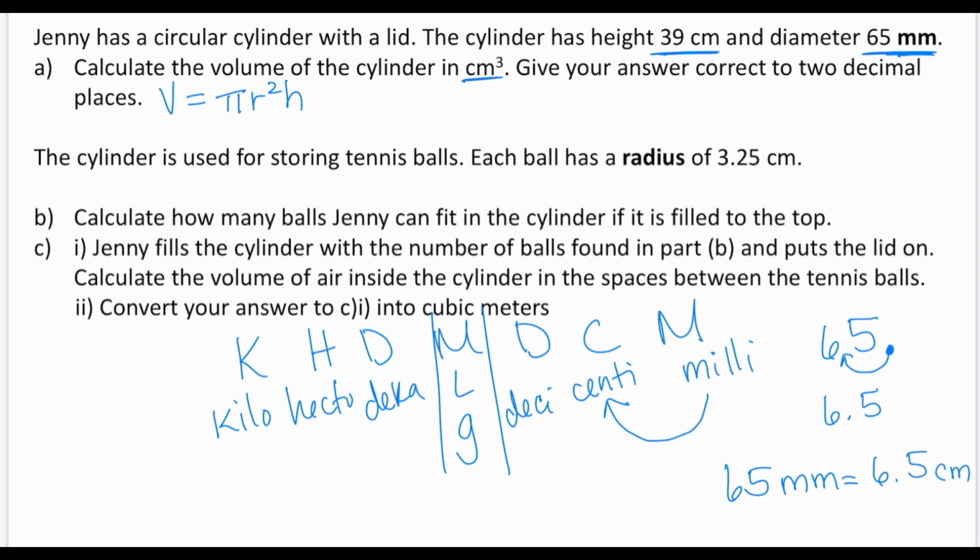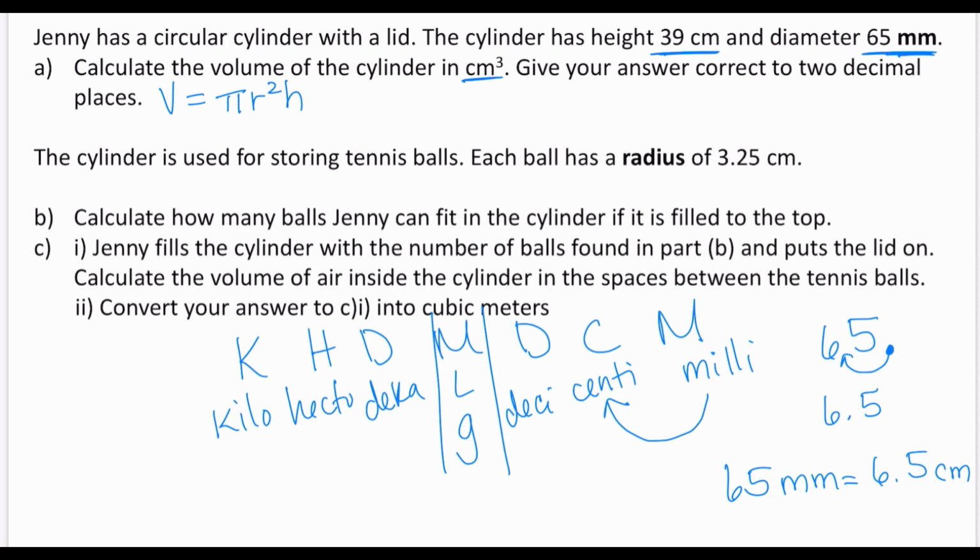This is an easy conversion. You basically know that you're just going to have to divide by 10. But in case you have a hard time with conversions, I find this to be such an easy way for you to remember which way to move the decimal point. So King Henry died Monday drinking chocolate milk. A little morbid, I have to admit, but at least it does the job.